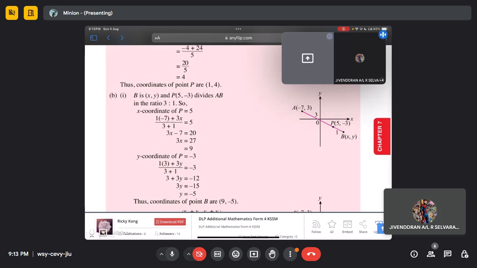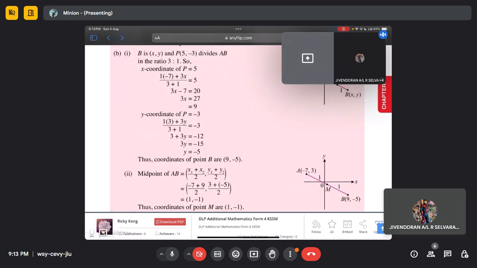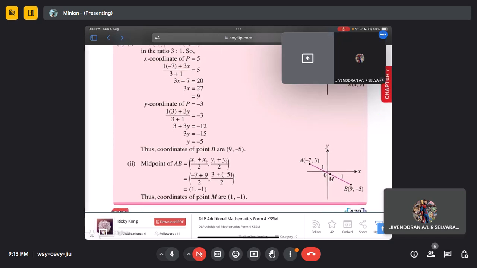So 3 plus 3y, simple algebra. 3 plus 1, 4. 4 times -3, -12. 3y equals -15. Bring the 3 this side, -15 divided by 3 is -5. So the coordinates for point B would be 9 and -5.